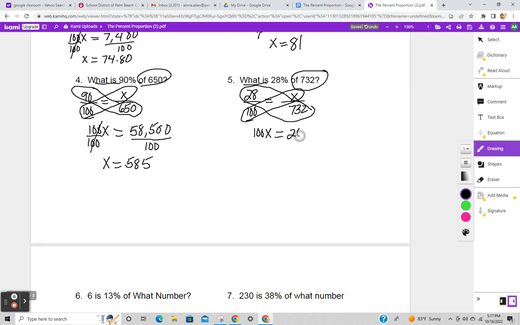And that's going to be 20,496. We'll divide both sides by 100. And x equals 204.96.